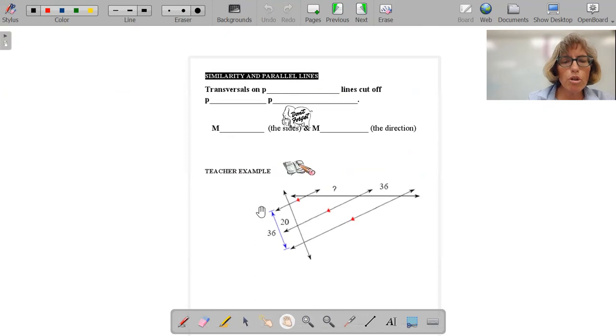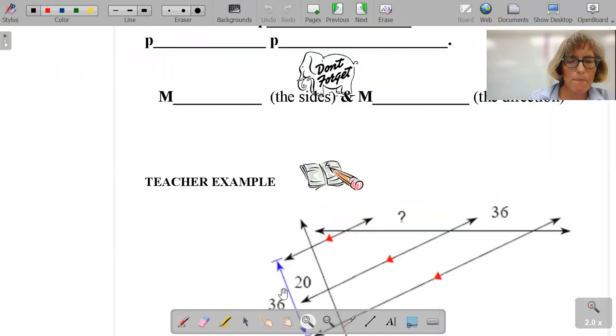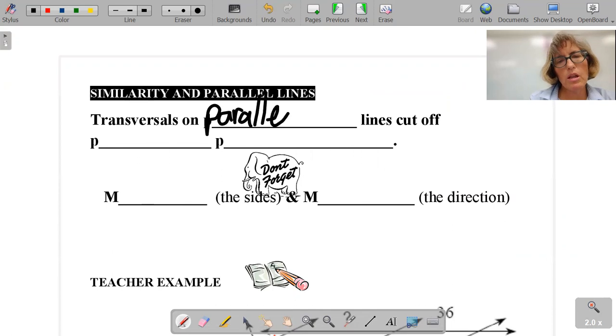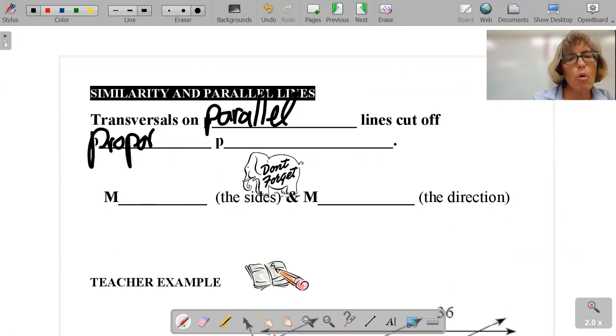Then we have proportional segments just with parallel lines. Transversals on parallel lines cut off proportional parts.